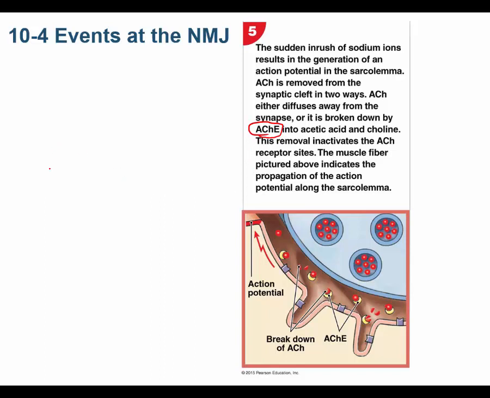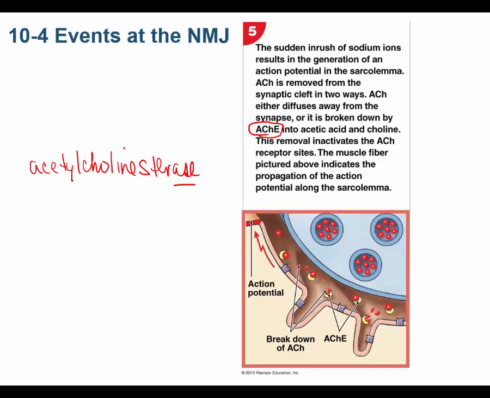Enzymes usually end in -ase. This little yellow half moon is acetylcholinesterase, and it breaks down the acetylcholine into acetic acid and choline.